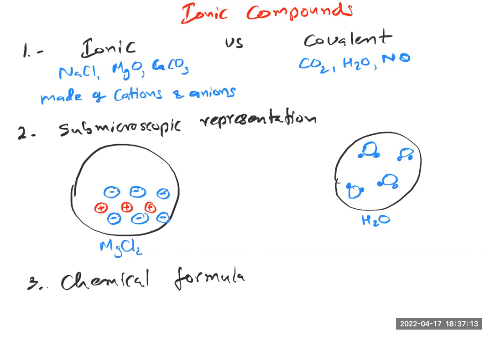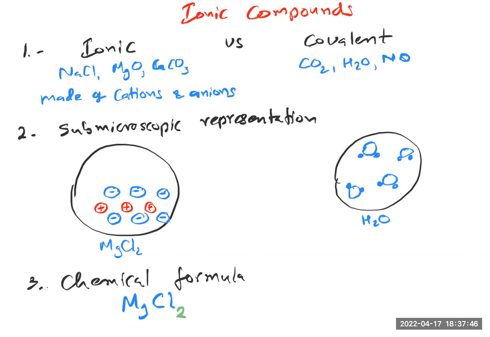If we draw magnesium chloride one more time, this is magnesium and this is chlorine, and we have two of them. What this means is for every one magnesium you have two chloride ions. That's what it means, but one is implied, so we don't have to write one, and therefore we write the magnesium chloride chemical formula this way. This shows you the ratio between the cation and the anions.